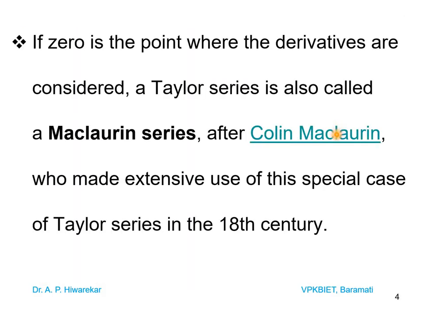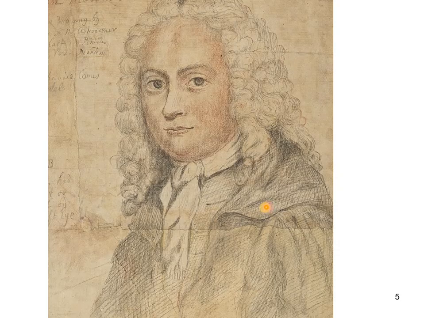If 0 is the point where derivatives are considered, a Taylor series is called a Maclaurin series. We will go into all details in the next part of this lecture. And the Maclaurin series is also very useful, and it is a particular case of Taylor series, and it was developed by Maclaurin in the 18th century. So this is a photograph of the great mathematician Maclaurin.